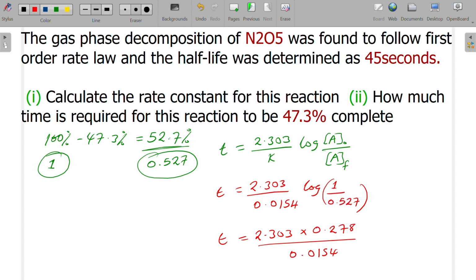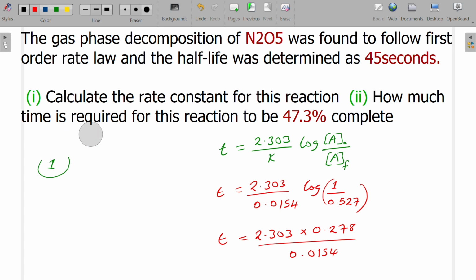So when you reach here, all we have to do is just punch our calculators. Taking it on this side, let me just get rid of this part so that we use it. All right. So taking it here, what we are going to find is t on top there. When you multiply 2.303 by 0.278, what we are getting is 0.640, like that.